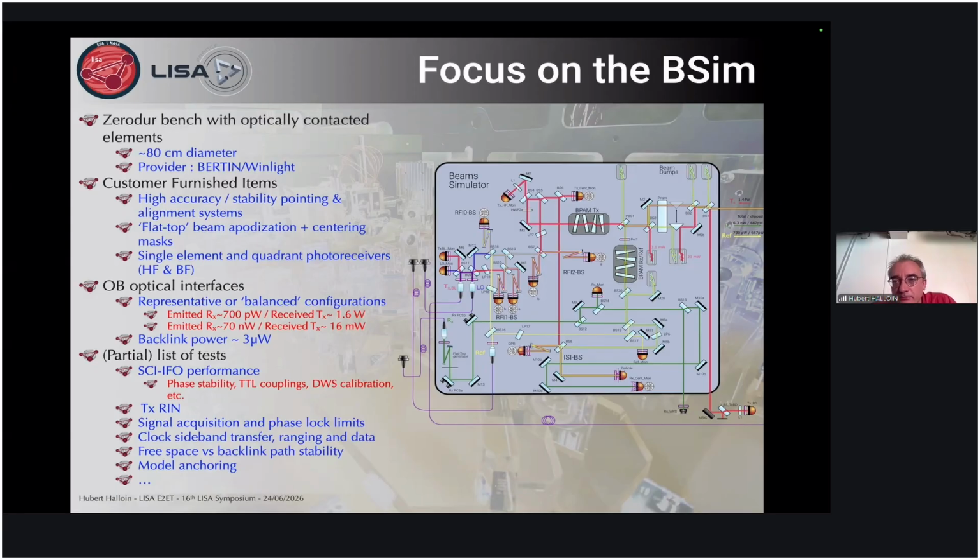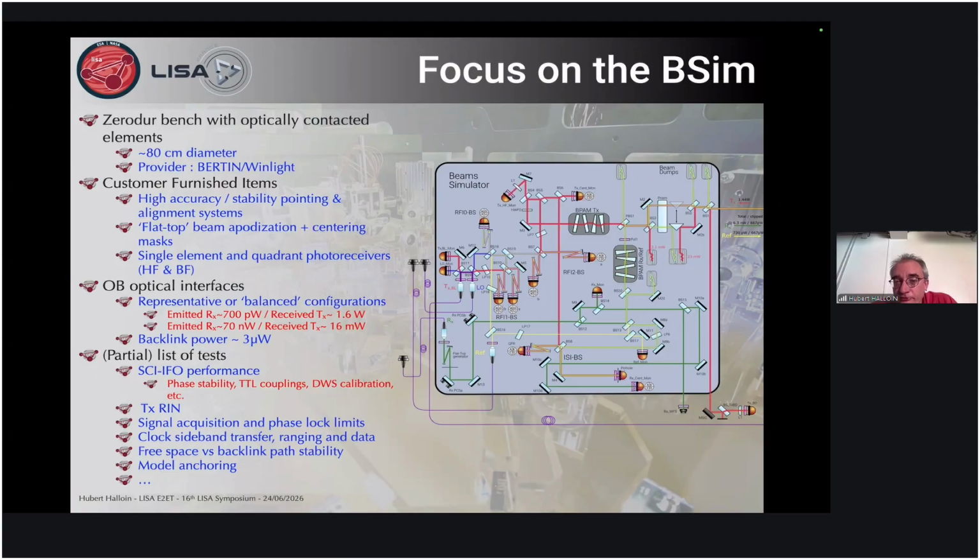And why do we do such a complicated optical bench? Basically, it's to test the performance of the scientific interferometer of the optical bench, basically its phase stability, to determine the TTL couplings, to calibrate the DWS, that is the digital wavefront sensing that gives the orientation of the beam with respect to the bench.